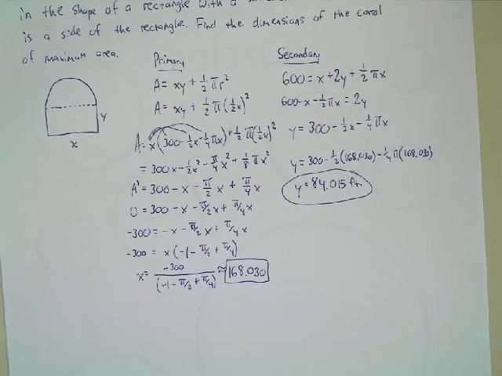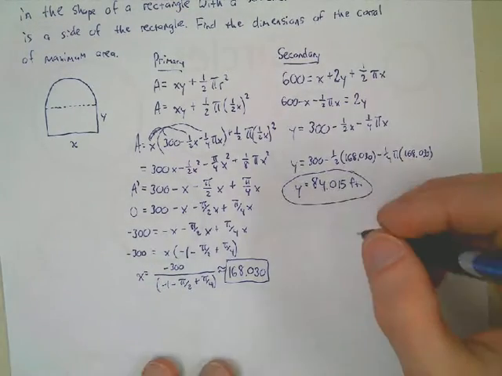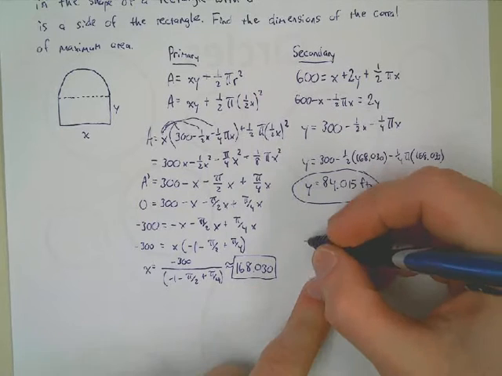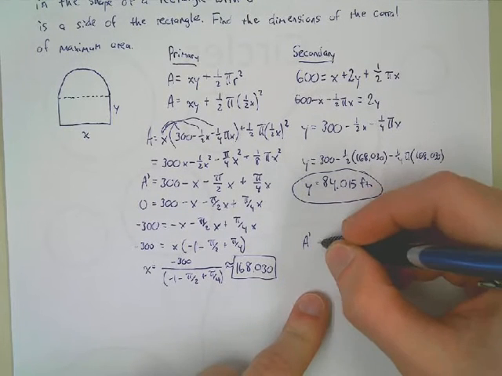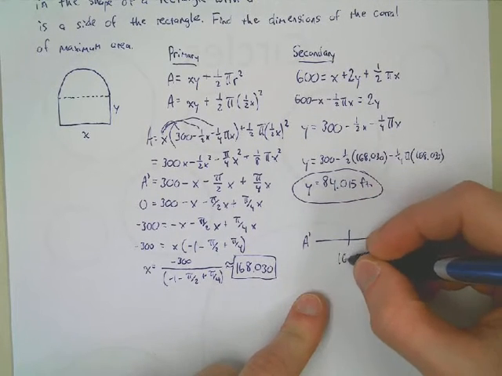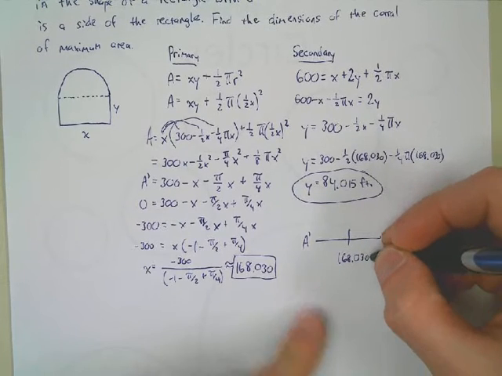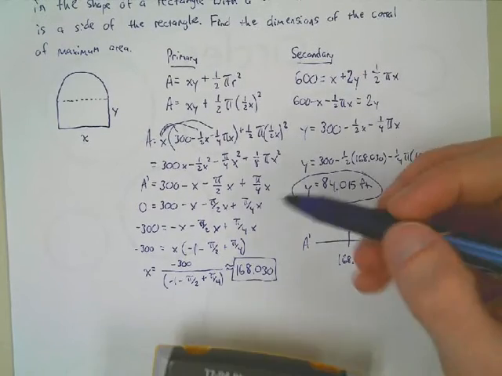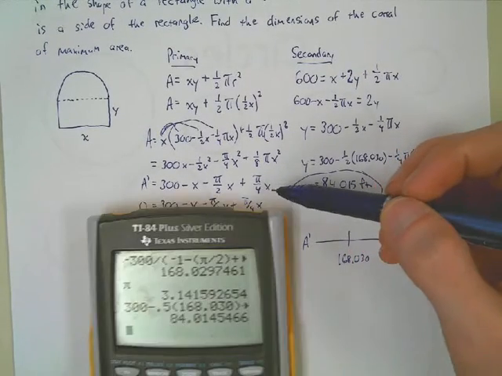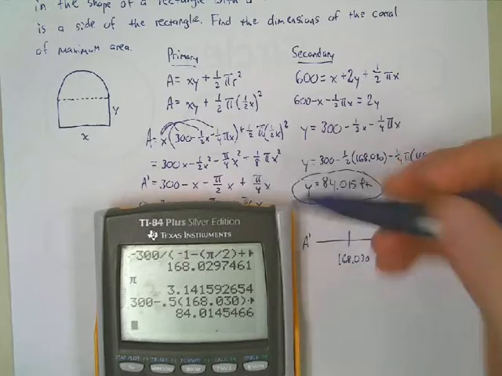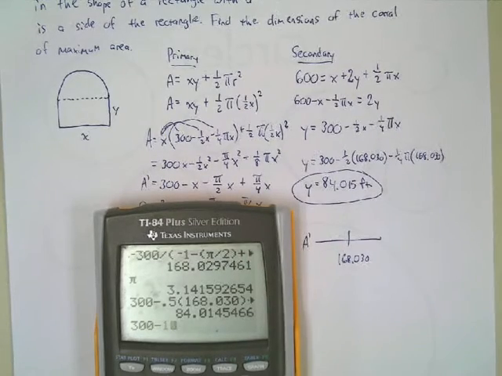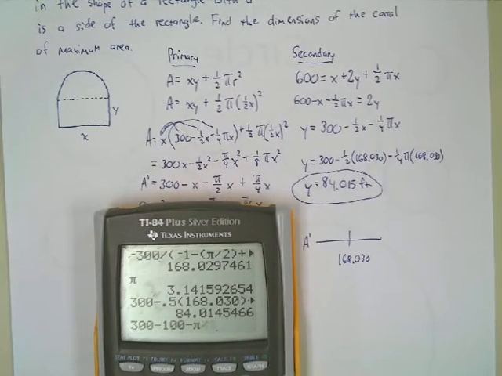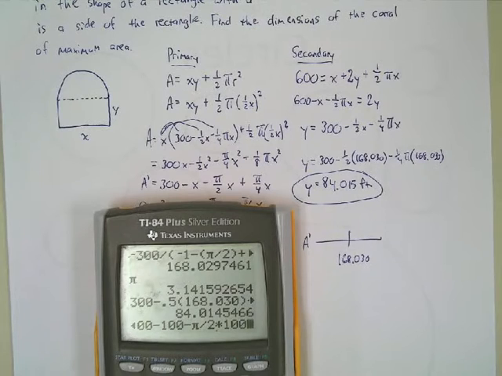Okay. If we wanted to here, we could check to make sure that that 168 is, in fact, a maximum. If I go to my A prime and I put on my number line there 168.030, okay. If I check a number to the left, like 100, for example, and I plug it into the derivative, let's see right here, okay, 300 minus 100 minus pi over 2 times 100 plus pi over 4 times 100.